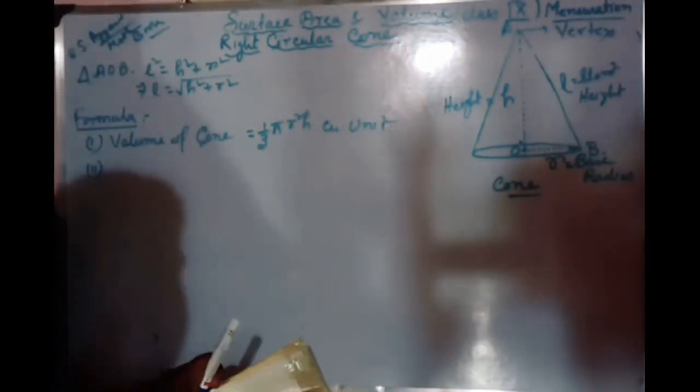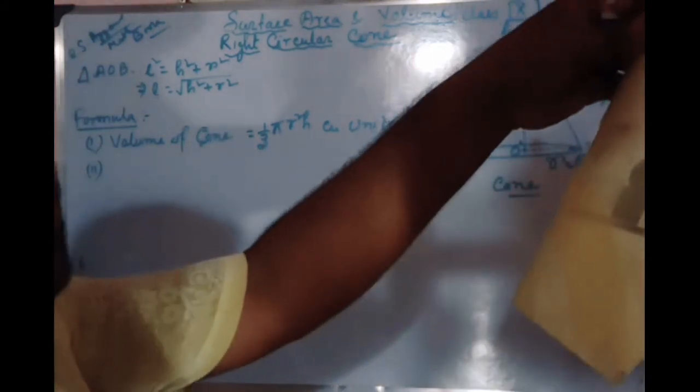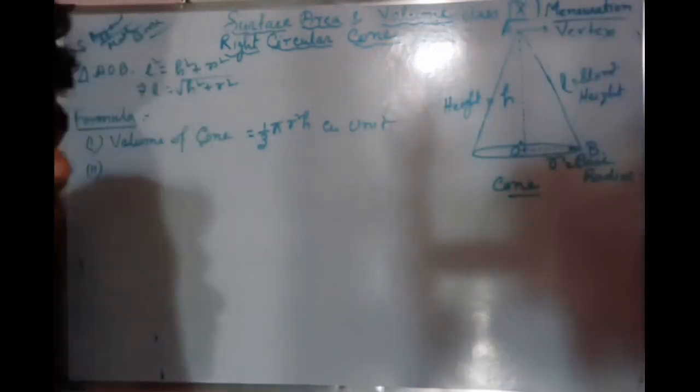Suppose we are making a cone with the help of this, this portion is called the curved surface, understood.